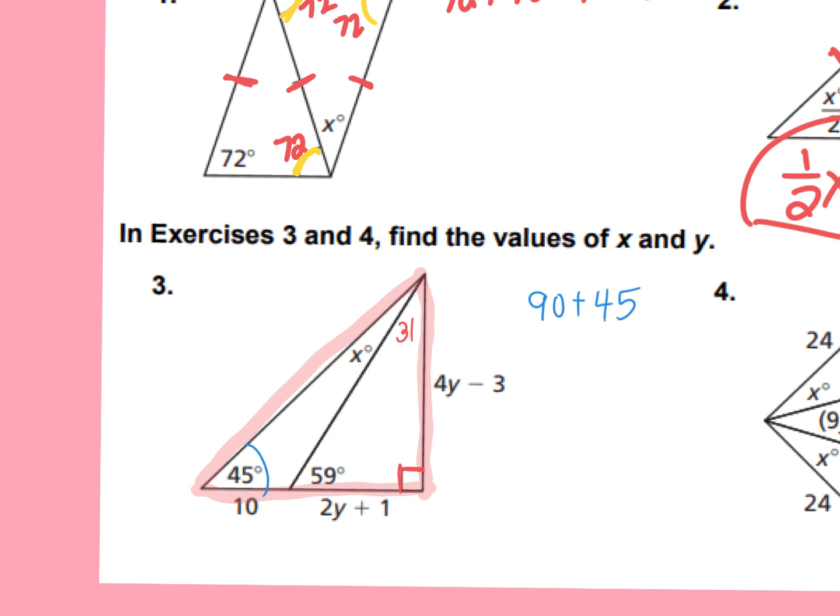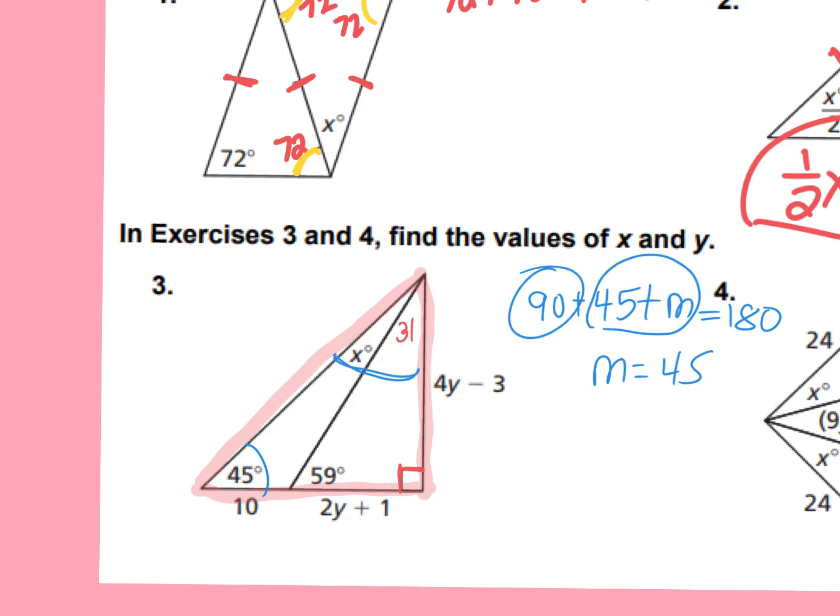So 90 plus 45 plus whatever this whole angle is will give you 180. So I'll call that for now m, because I need a different variable, equals 180, right? And I believe m ends up being 45 if you solve that. It does, because 45 plus 45 would be 90, and 90 plus 90 is 180, right? So this whole thing equals 45.